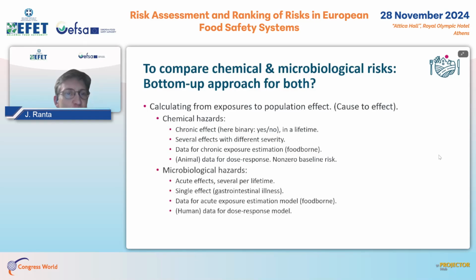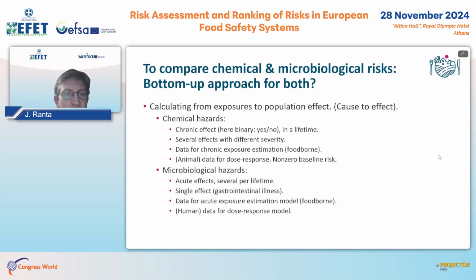But then looking at the microbiological side, the story is usually about acute effects, and you can have several illnesses in a lifetime. The effect usually of interest is the illness. So basically, we are usually interested in one effect, gastrointestinal illness.